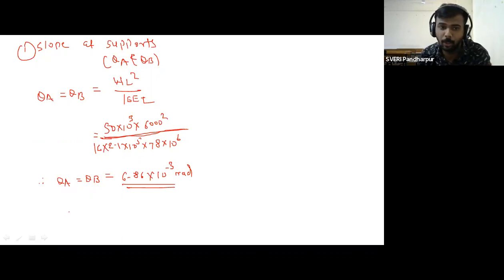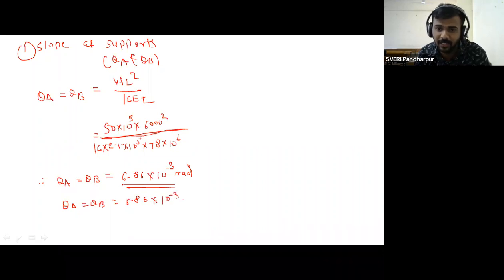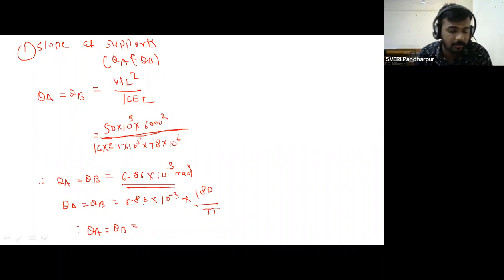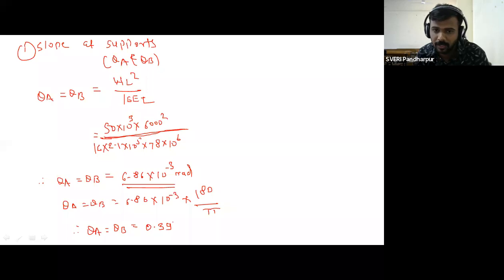Now we have to multiply, theta A is equal to theta B is equal to 6.86 into 10 raised to minus 3 into 180 divided by pi. So theta A is equal to theta B is equal to 0.39 degree.